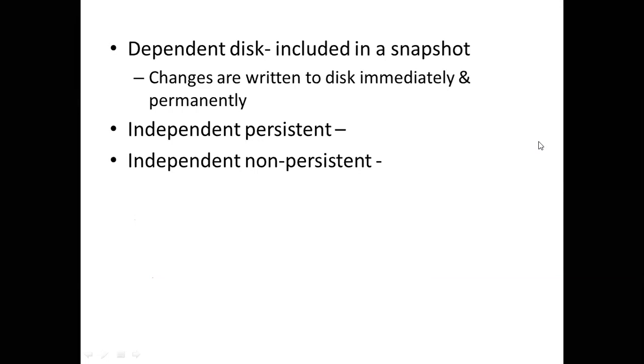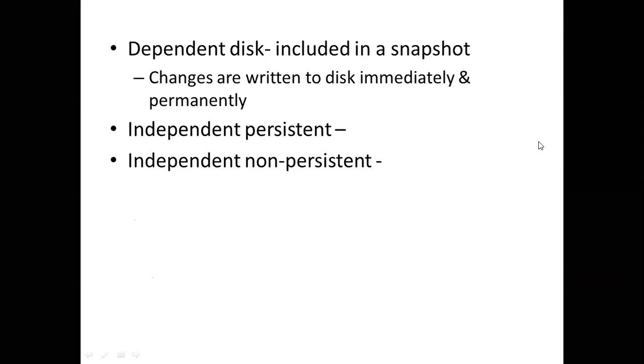But when it comes to snapshots, they don't affect independent persistent. They affect dependent disks. Okay. So if you want to have snapshots on your disk, the disk type should be dependent. It should not be independent persistent.